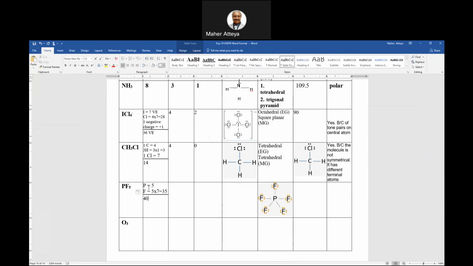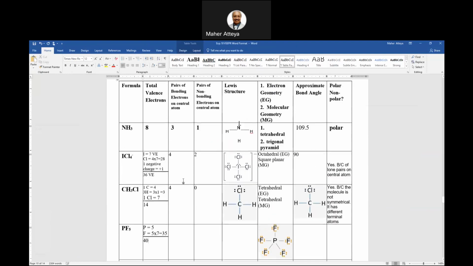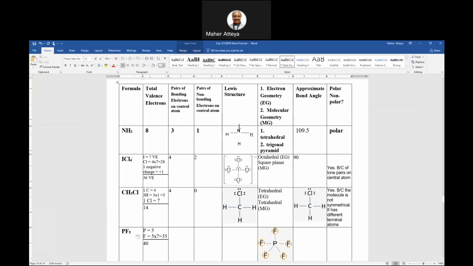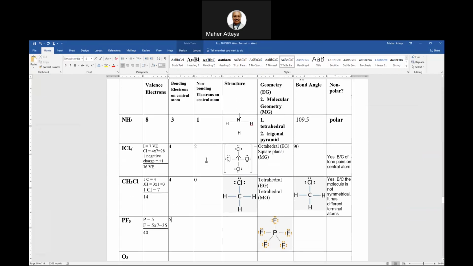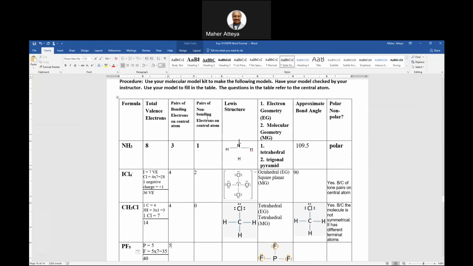Everybody's following? Total is 40. So now you ask yourself, how many pairs of bonding? We have 5 single bonds. So it has to be 5 regions, 5 units, 5 groups. So it's 5 bonds. Then do we have a lone pair on the central atom?